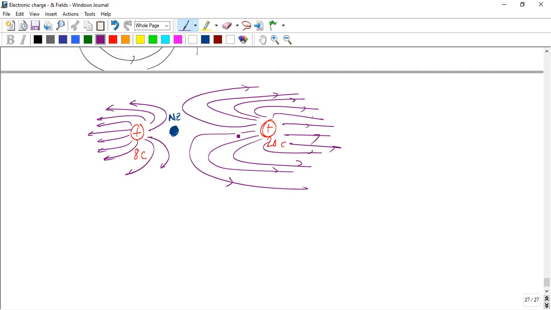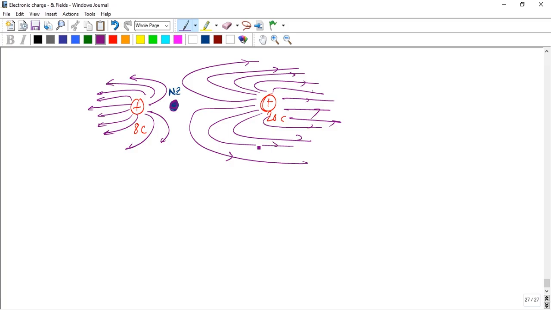If both are like charges, the neutral zone is always in between the two charges. If both are negative, it is the same, only the direction is different. Otherwise, both are the same.